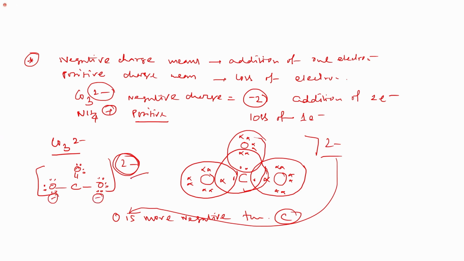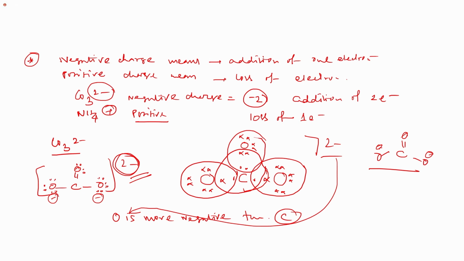If I do not write this overall negative charge, then the structure will be like that. In this way you have to draw the Lewis dot structures of the ionic compound NH4 plus and CO3 2 minus. So we can do this for neutral and also ionic compounds.